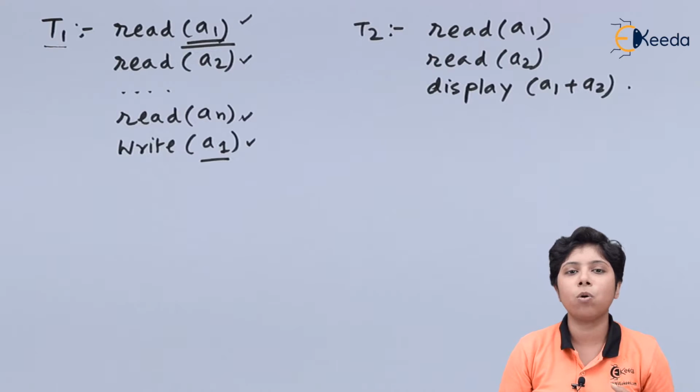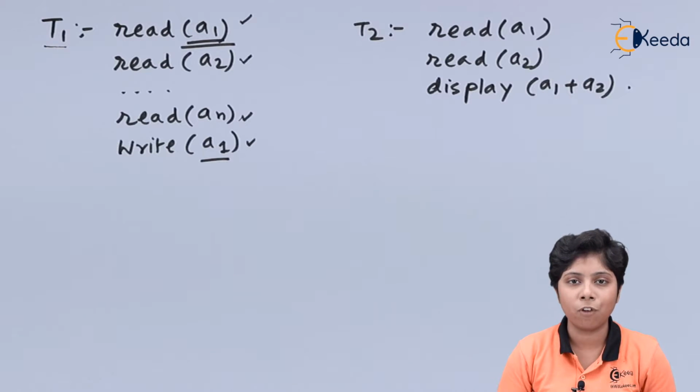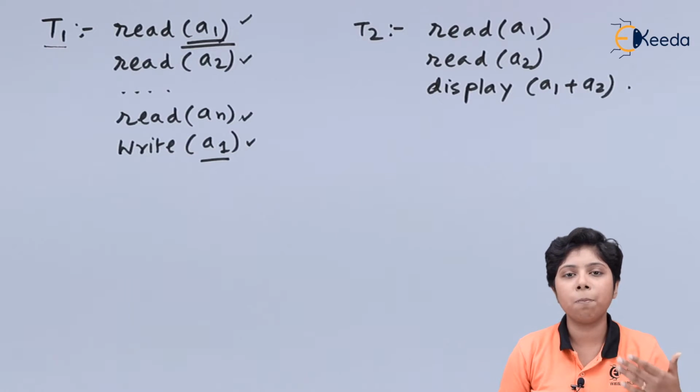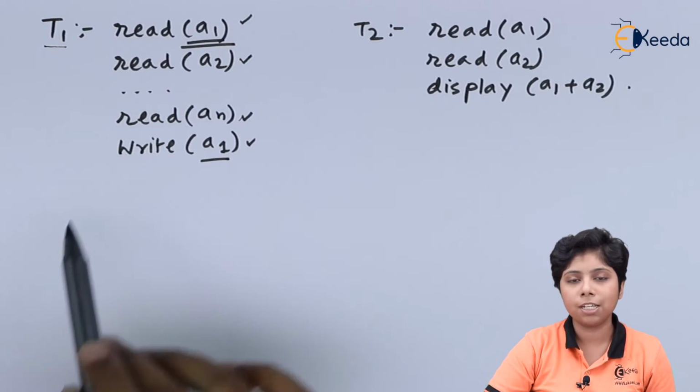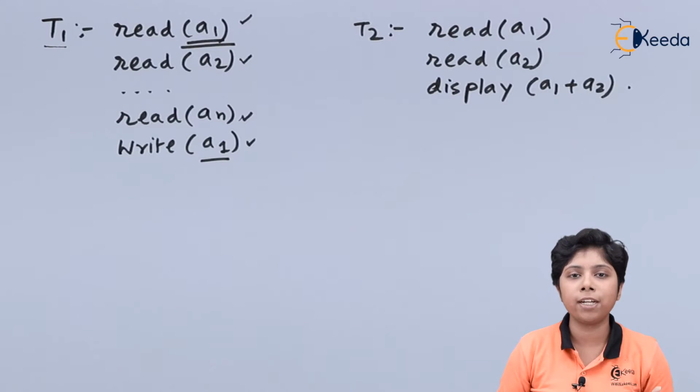What is it? It is called lock conversion. It has two phases. One is upgrading, another is downgrading. What do you mean by upgrading? If a lock has been acquired in shared mode on a data item A1, then we can upgrade the lock to an exclusive mode if and only if somewhere in the transaction the data item needs to be written.